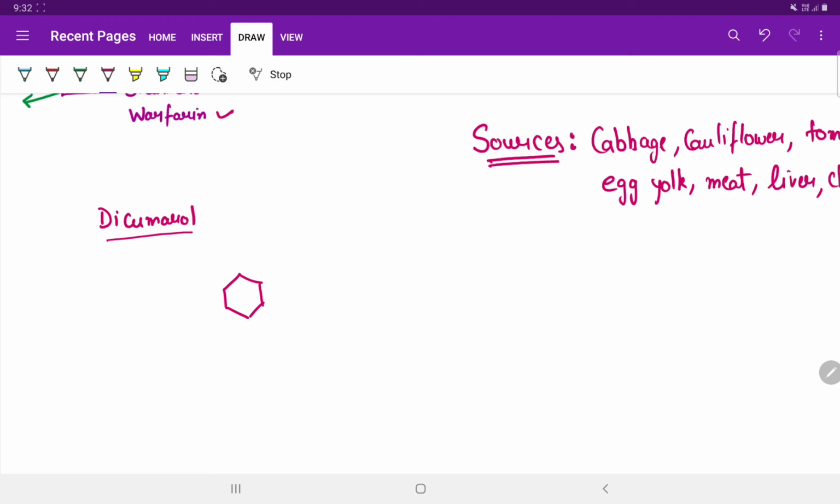So instead of the naphthoquinone ring, it is a derivative of coumarin. So it will have a coumarin ring in it.